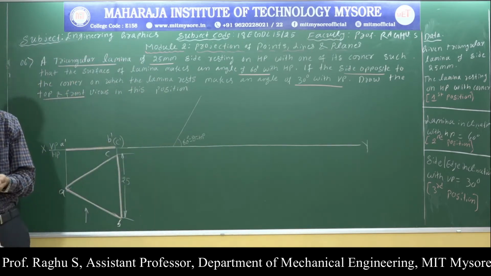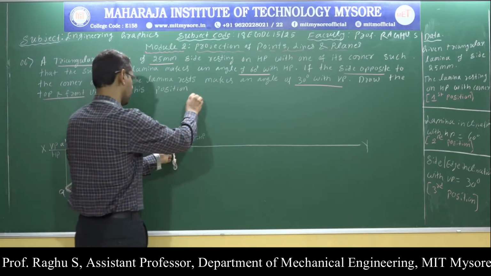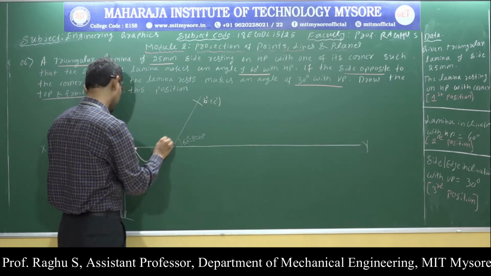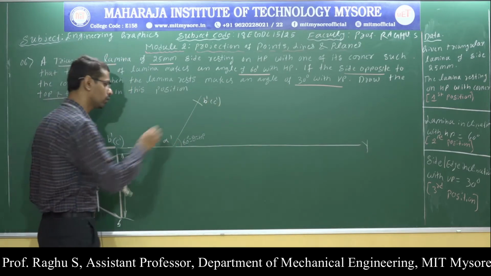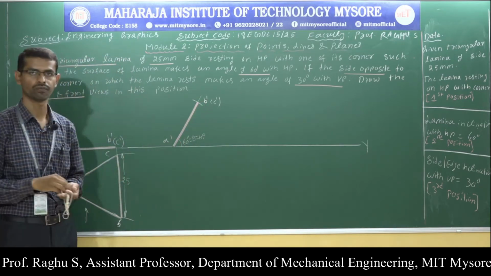Now, using a compass, measure this length and cut an arc to get points B dash and C dash, and here A dash. Now make it dark, since this is the view.